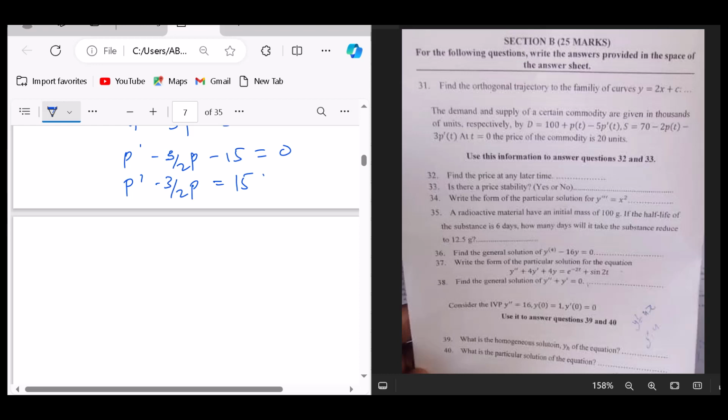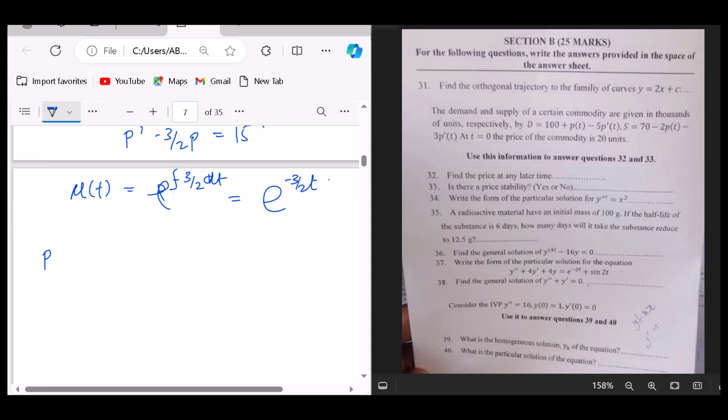So we find the integrating factor, which is mu of t equals e to the power negative integral of negative 3 over 2 dt, and integrating this we get e to the power negative 3 over 2 t. This is the integrating factor. So my p of t is just equal to the integral of 15 times e to the power negative 3 over 2 t dt plus c, all over e to the power negative 3 over 2 t.